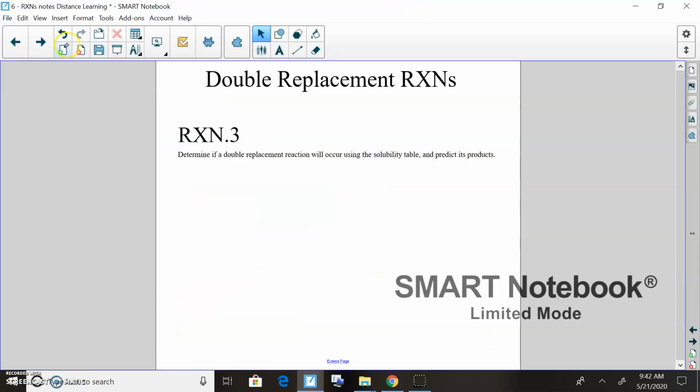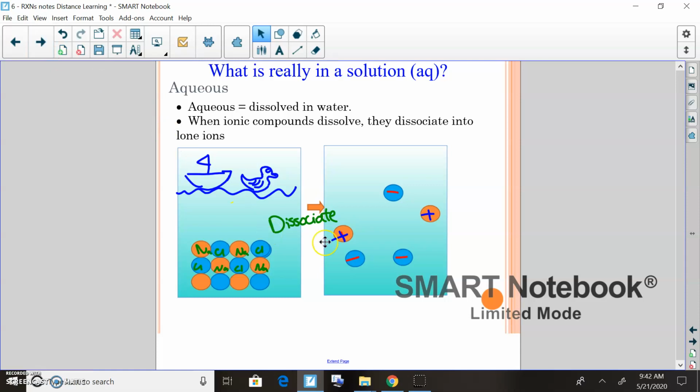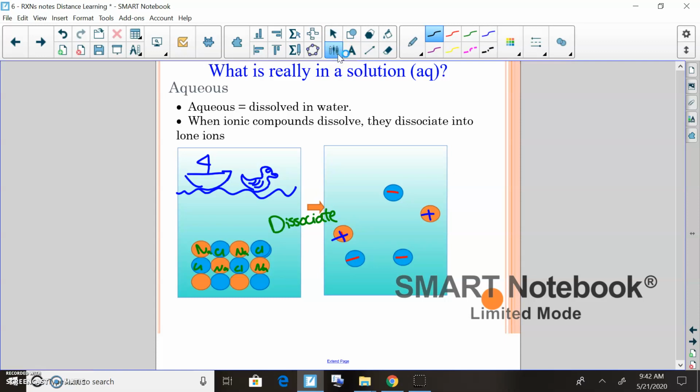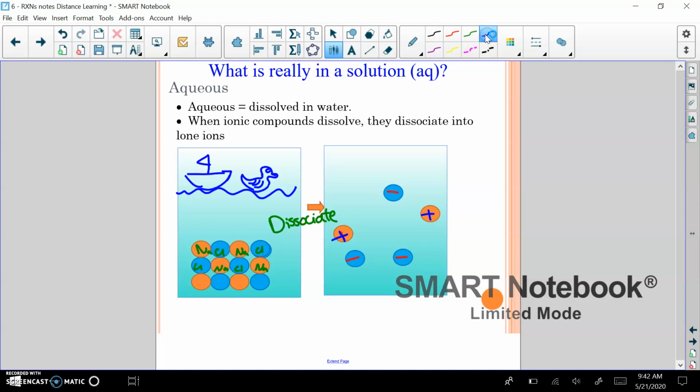All right, a couple of terminology things that you need to know. Aqueous. What does aqueous mean? Aqueous just means that it's a solution. So when salt is added to water, the ions break up and go into their respective solutions. Chlorine's negative, it's over here, and sodium is positive, it's right here, and it breaks up and goes over there.